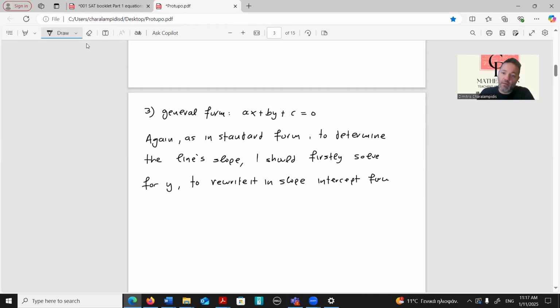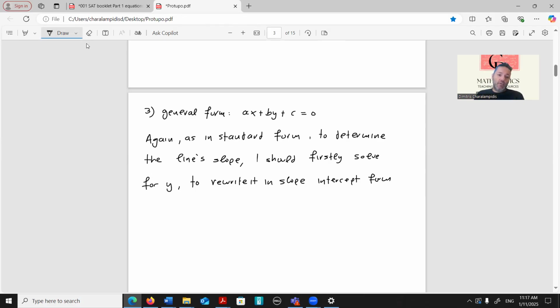So we should keep in mind that the only form through which I can see the slope directly is the slope-intercept form. If I'm given the slope-intercept form, everything is okay. It's the coefficient of x. If not, I should rewrite either the standard or the general form into its slope-intercept form, and then continue with what I know about the coefficient of x.